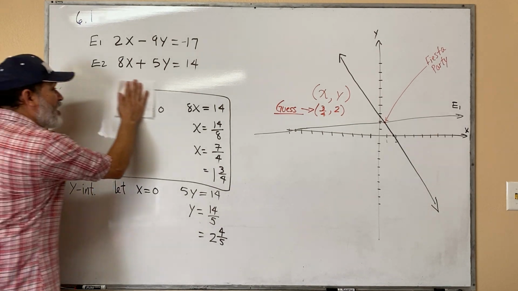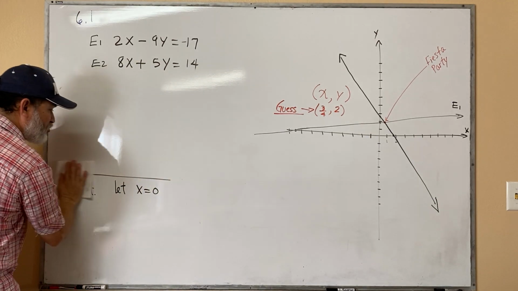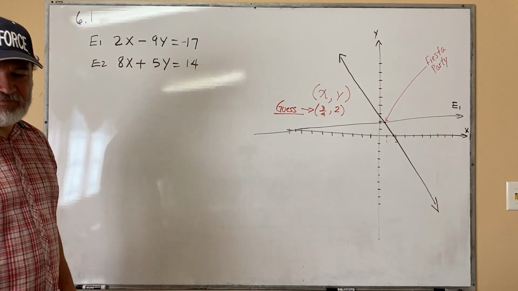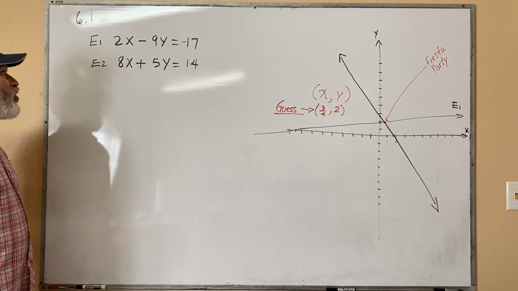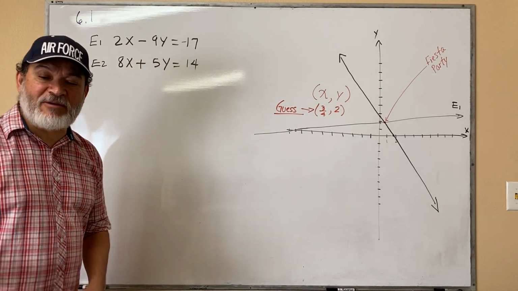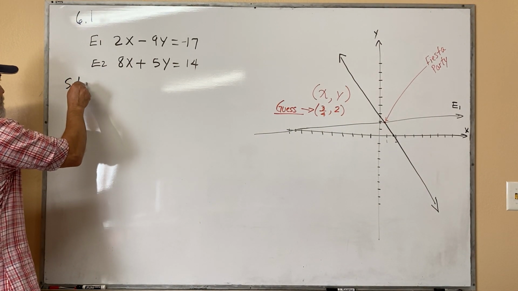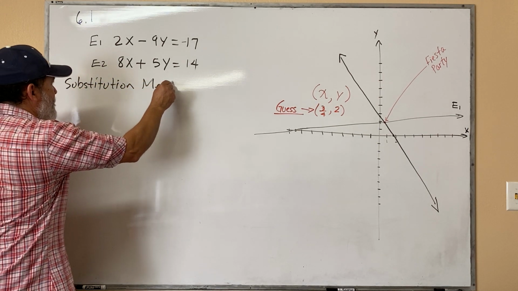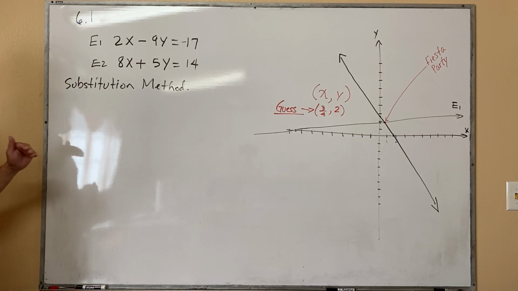Instead, we need a method. In fact, we're going to discuss 2 methods. Here's the first method. To solve this system, we can do it by the substitution method. That is, first step, pick an equation and solve for a variable.